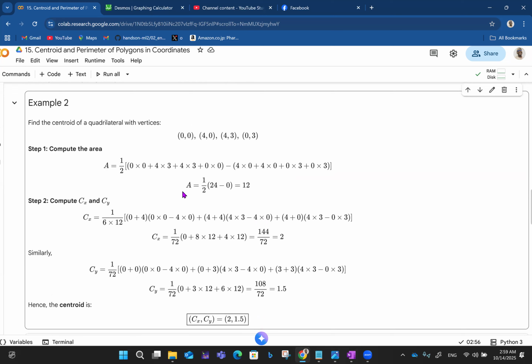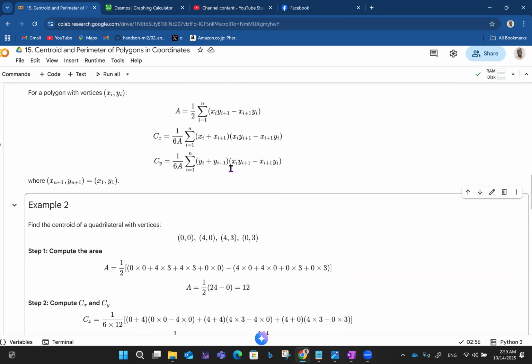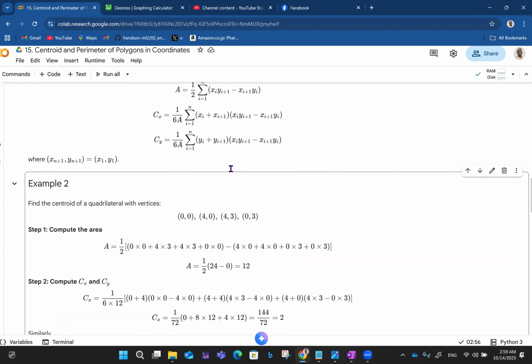So here you have 1 over 6 times 12, that's A. Then 0 plus 4, as we saw, xi plus xi plus 1.